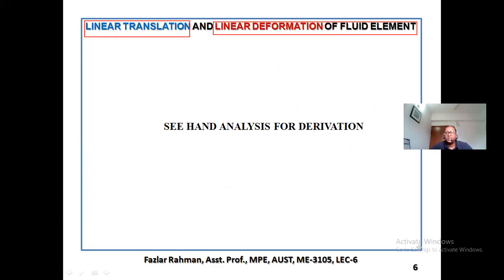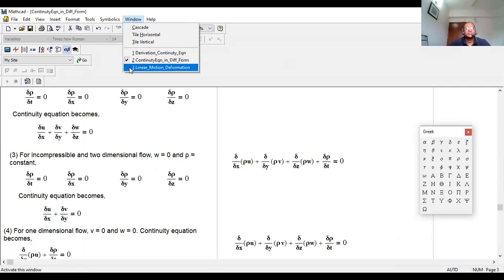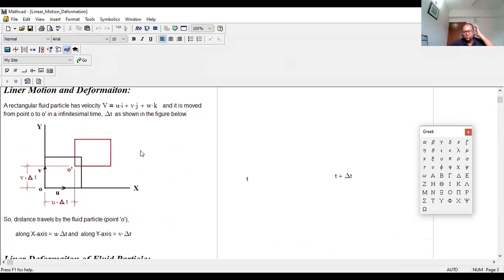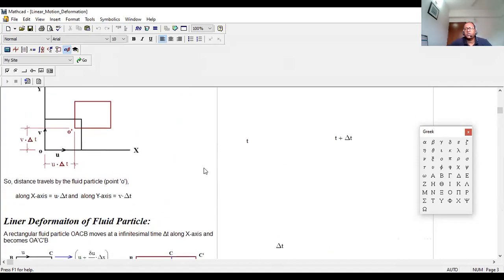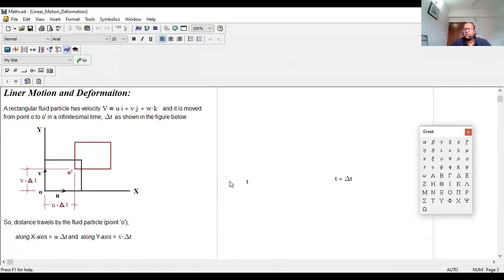I think we can finish it. Okay, we'll try to show you that mathematical relationship or equation, when there will be linear translation, when there will be vortex in the fluid flow, we will try to show you.